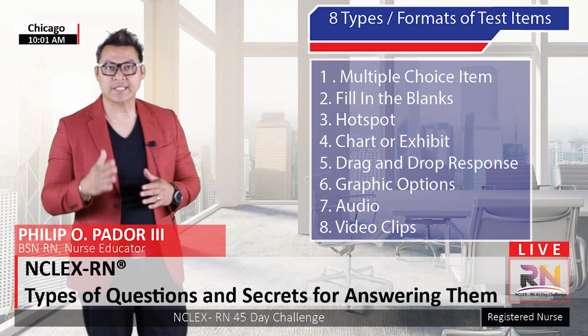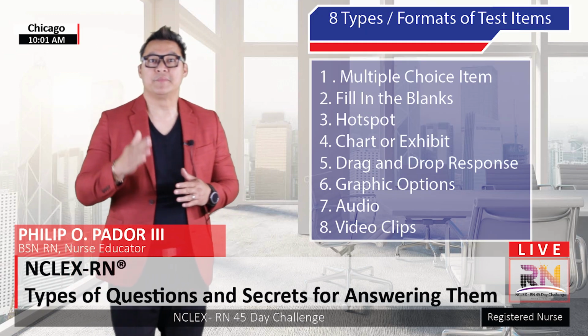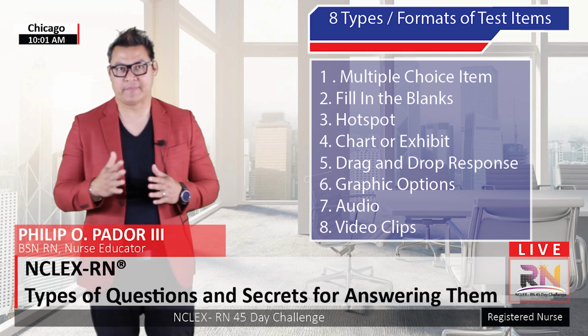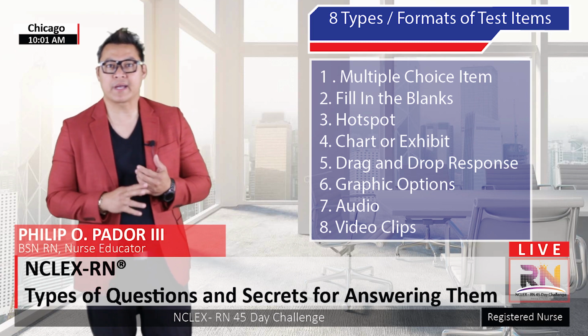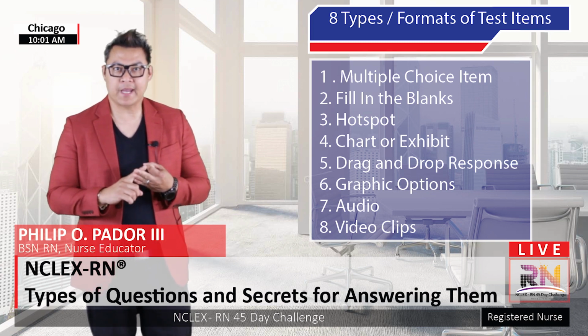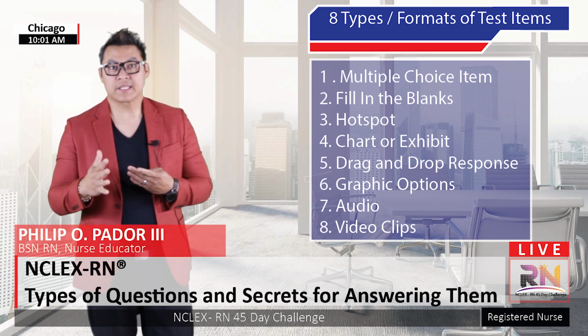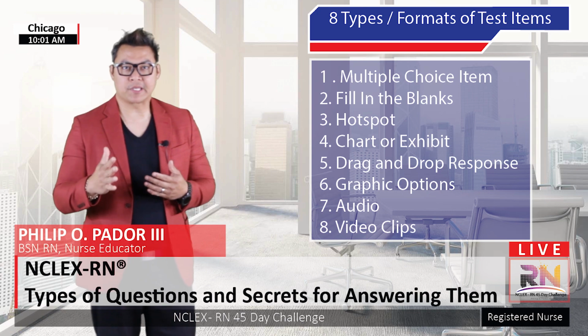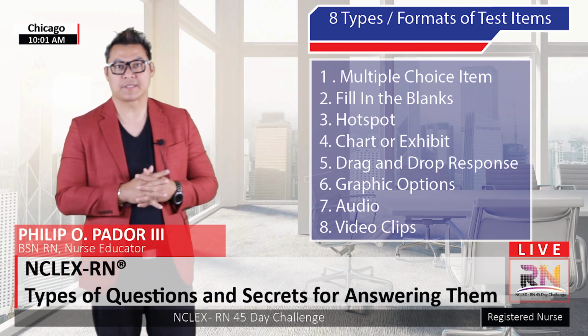So the NCLEX-RN examination uses 8 types or formats of test items. This includes multiple choice items and 7 alternate item formats like multiple response, fill in the blank or calculations, hotspot, chart or exhibit, drag and drop ordered response, graphic options, and audio items.